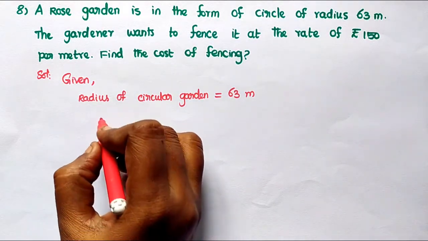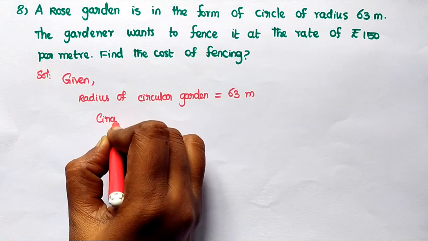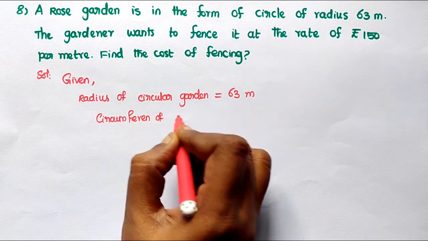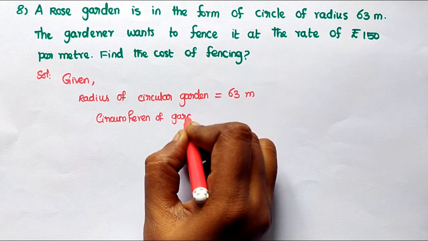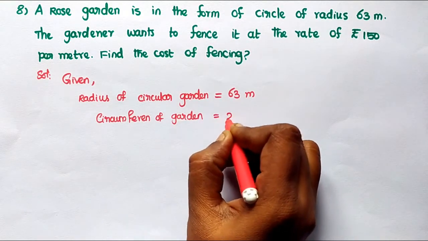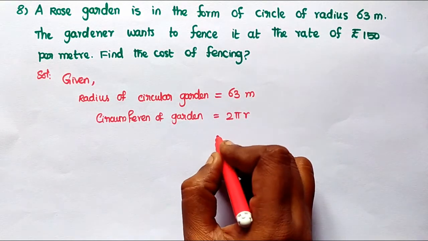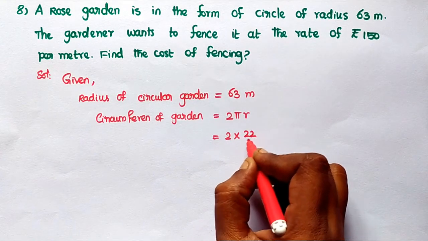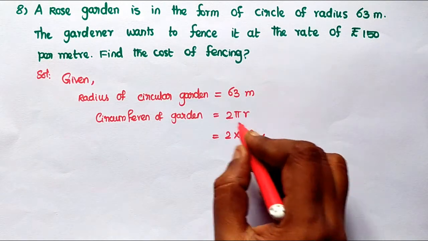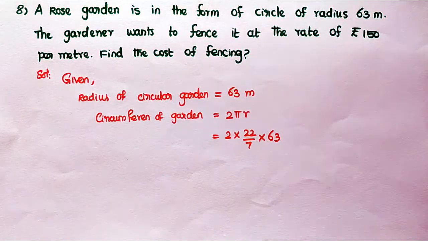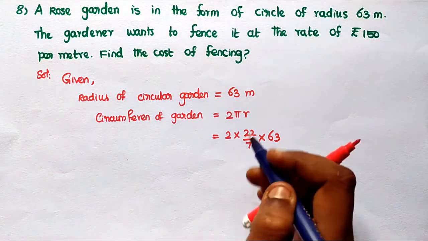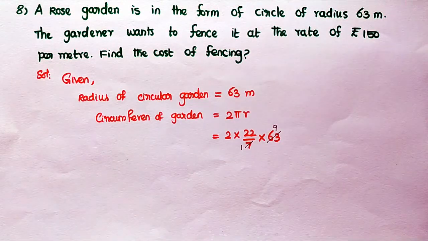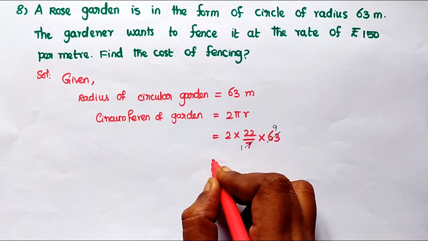Now circumference of garden equal to 2 pi r. 2 into 22 by 7 into 63. Now cancel this number by 7th table. 7 1 is 7, 7 9s are 63.